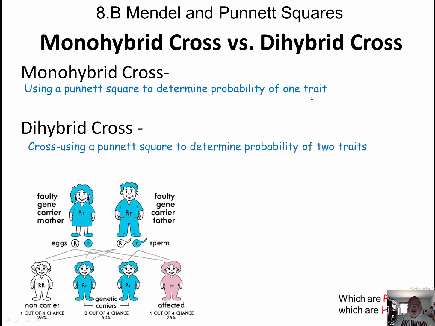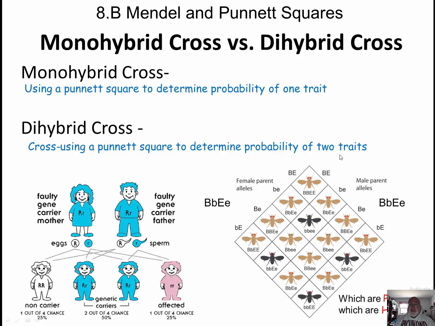But let me show you, this one trait has 2 squares for each one, so 4 squares. This one actually has 4 squares for each one, which gives you a whole bunch. So if you take this heterozygous and this heterozygous and put them up, we have to put them in different places, and we end up with a whole bunch of others. Which are purebred and which are hybrid?